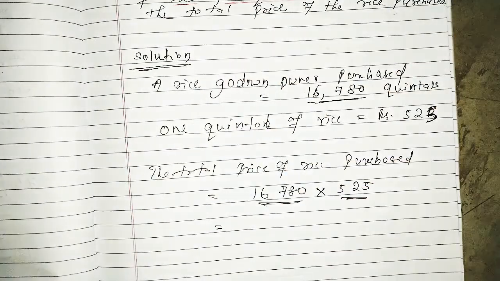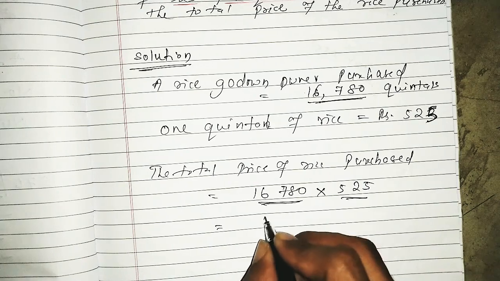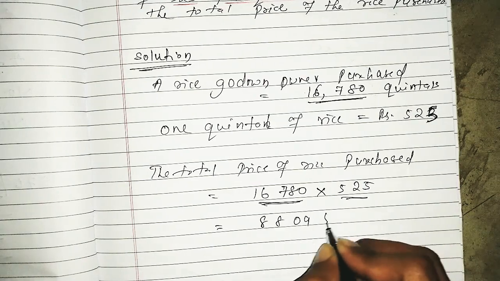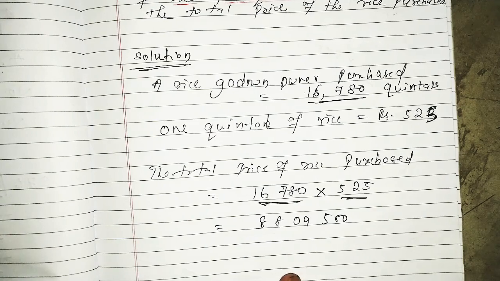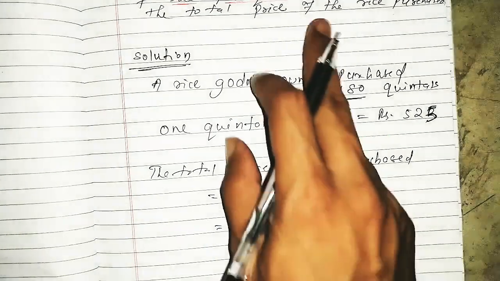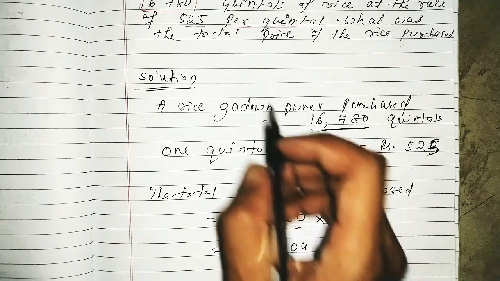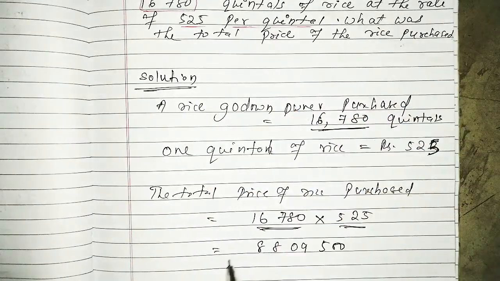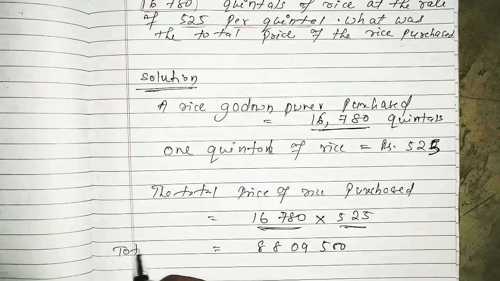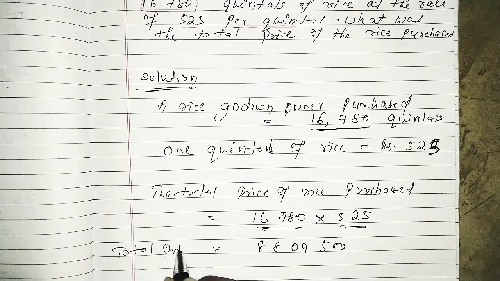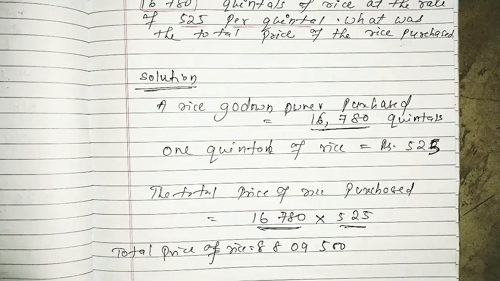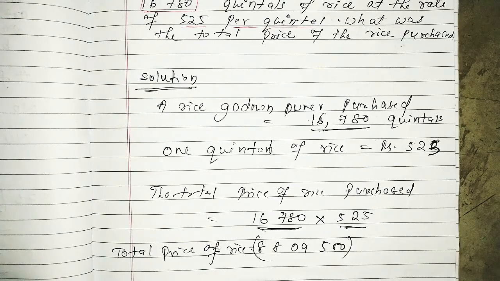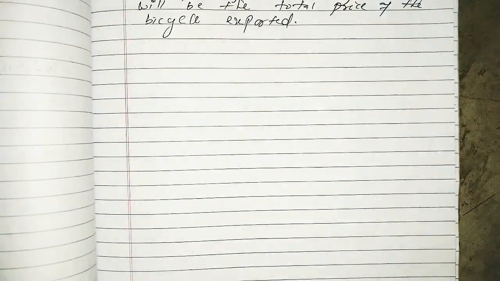The total price of the rice purchase is 88,095.00. Okay, let's come to the next.